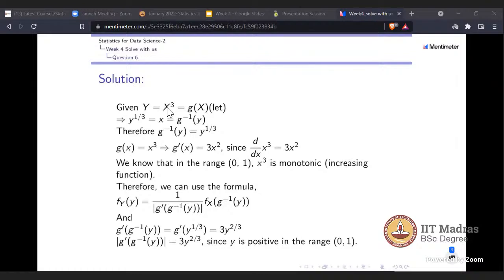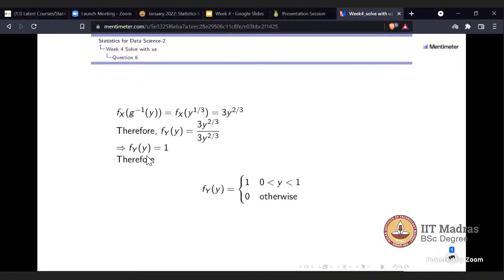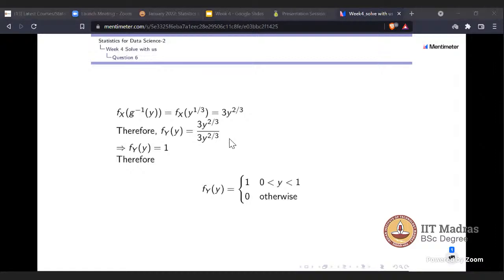Then next, after getting the fy of y as 1, therefore, now we can put the value directly. Integration from 0 to 1, integrating fy with respect to y?